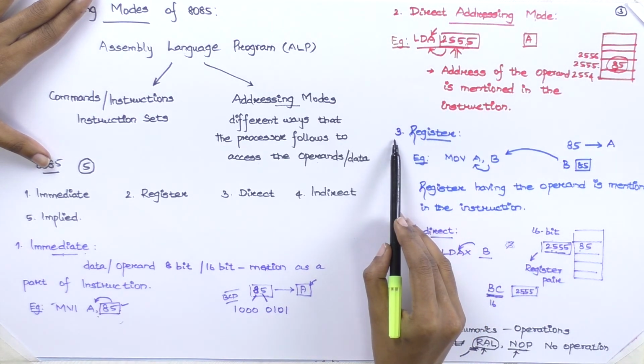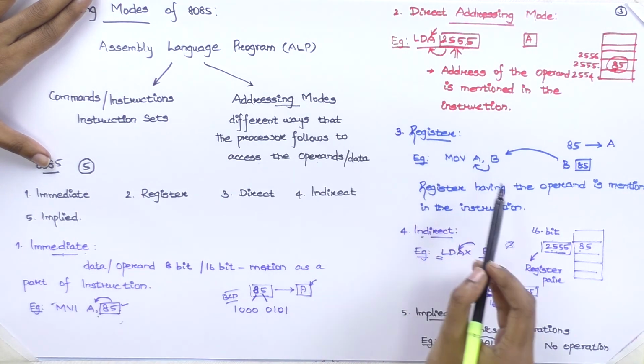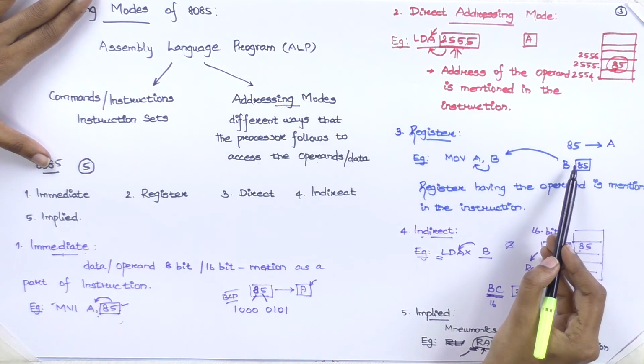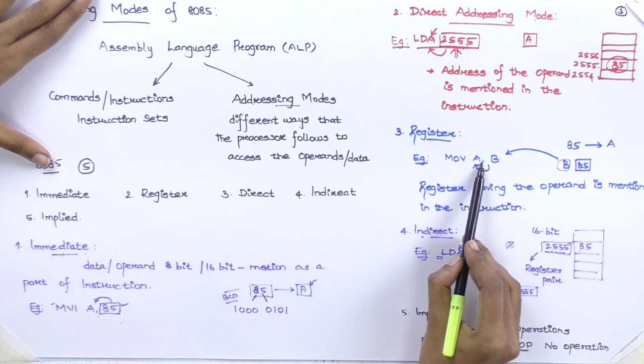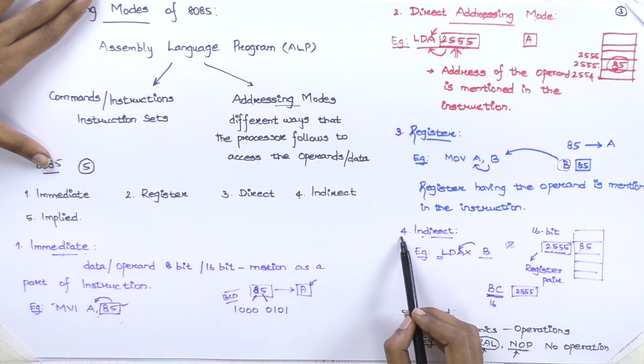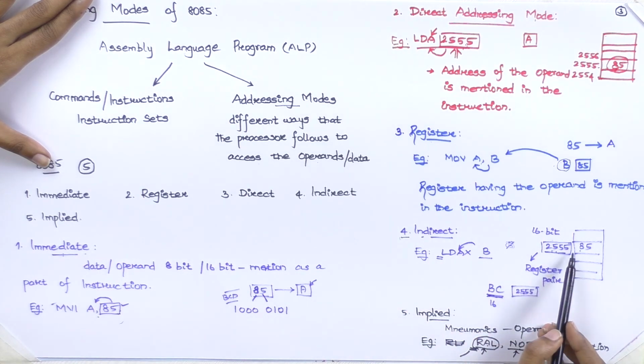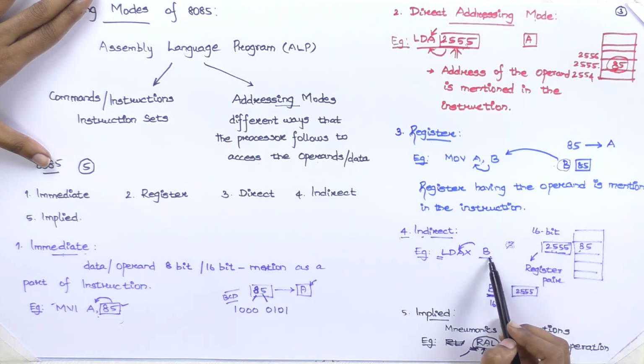The next addressing mode is register addressing mode, where the input operand is placed in a register and that register is mentioned in the instruction. The fourth addressing mode is indirect addressing mode, where the address of the operand is stored in the register pair and that register pair is mentioned in the instruction. The last one is implied addressing mode, where the operand field will not be there, only the mnemonics will be there in the instruction.